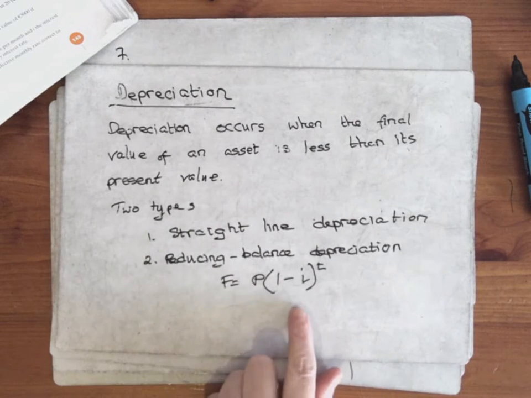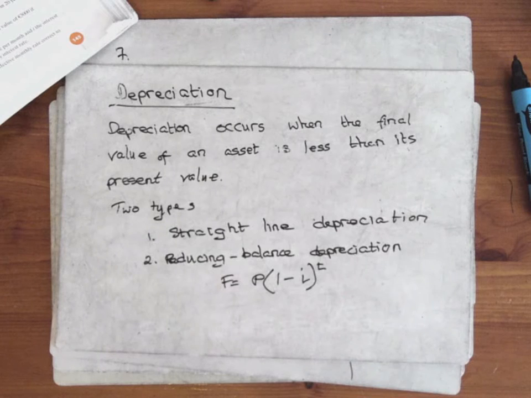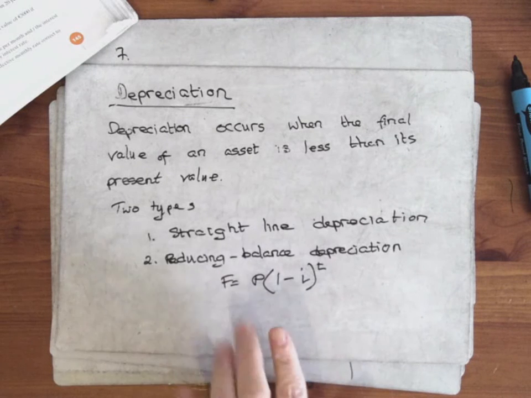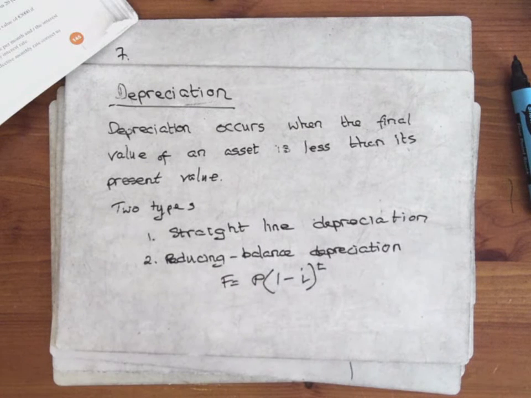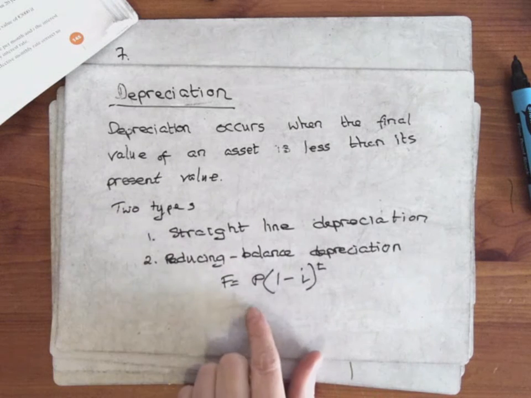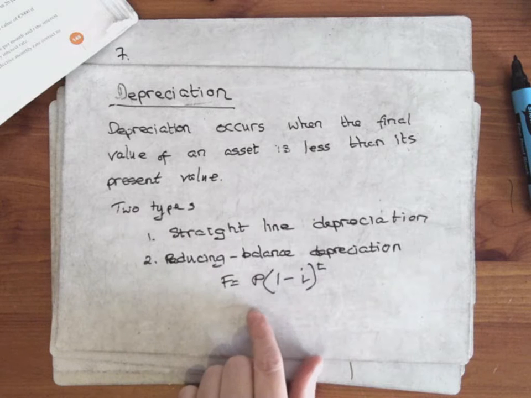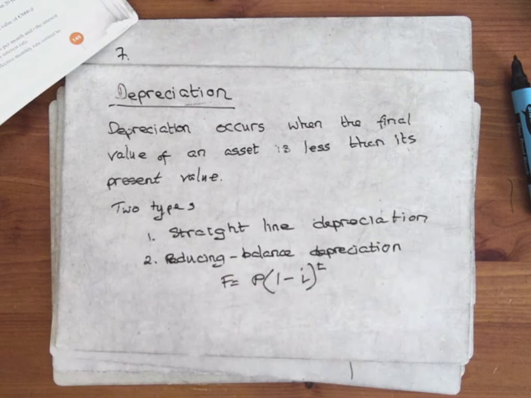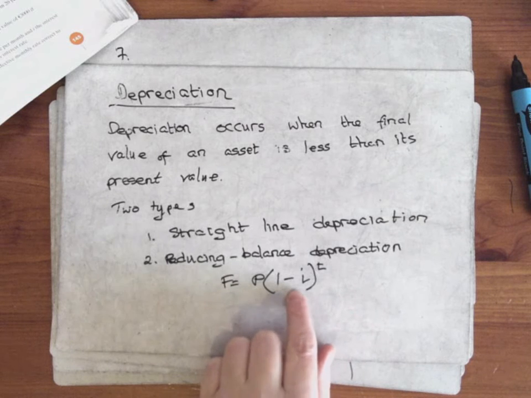So it's like compound interest, okay, where you get the interest on what you have in the bank at the start of the year. The amount you lose off the price is a certain percentage of its value at the start of the year, okay? And it's called reducing balance depreciation, and you'll see it's very similar to the compound interest formula, except there's a minus in there. So instead of earning interest, you're losing it, okay?